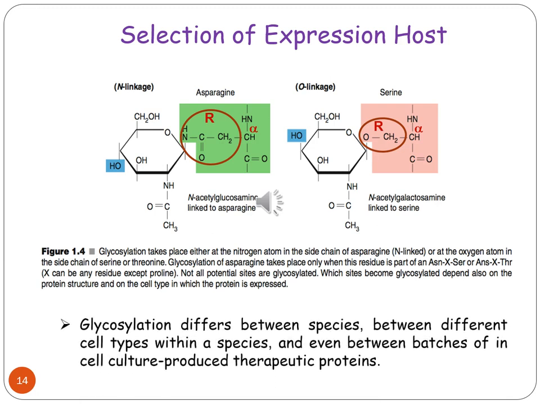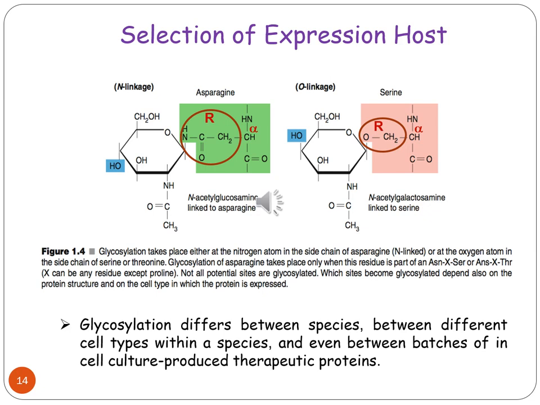They also say here that the glycosylation differs between species, and even between different cell types within a species. This means if we took cells from the ovary of a monkey, or we took cells from the kidney of a monkey, each cell type will give us different glycosylation.